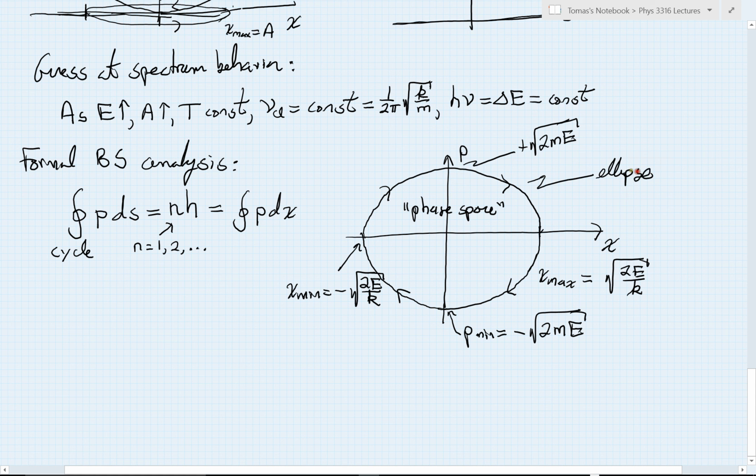And it's very useful for us to know that this is an ellipse because if we think about the phase space diagram we've just traced out, the integral of p dx should be the area under this curve when I'm going in the forward direction. And when I go in the negative direction, you'll notice both p and dx are negative, right?